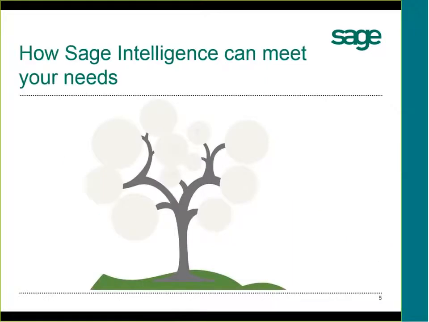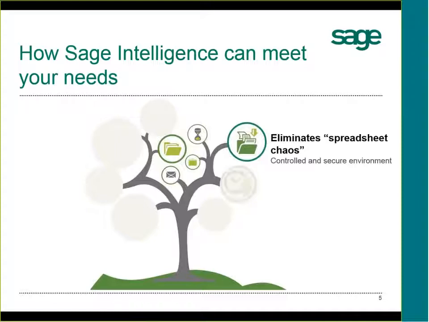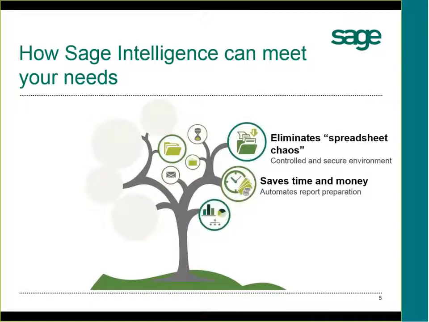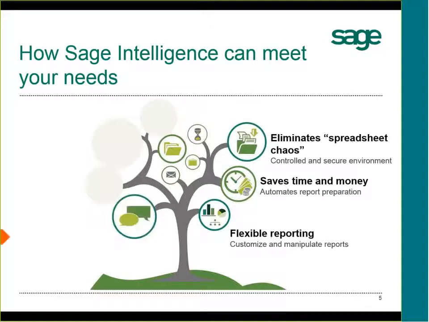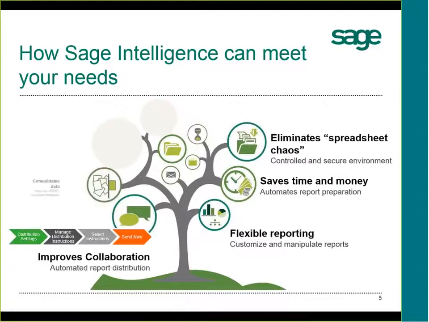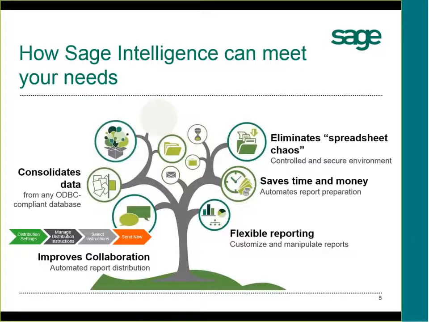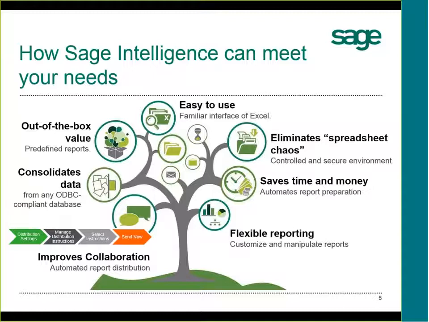Let's just talk a little bit about what Sage Intelligence is and how it can meet your needs. Sage Intelligence is an Excel-based reporting program. So Excel is our front end, and I'm bringing in all of these bullet points to show you what Sage Intelligence can do for you. First of all, it can eliminate spreadsheet chaos.